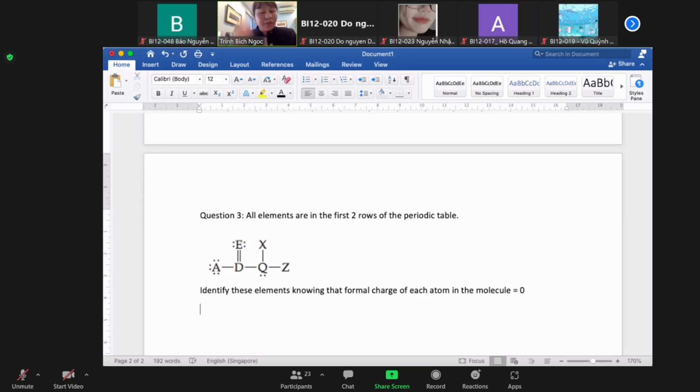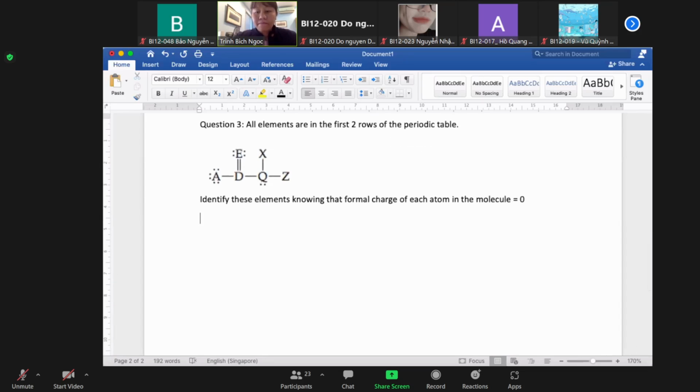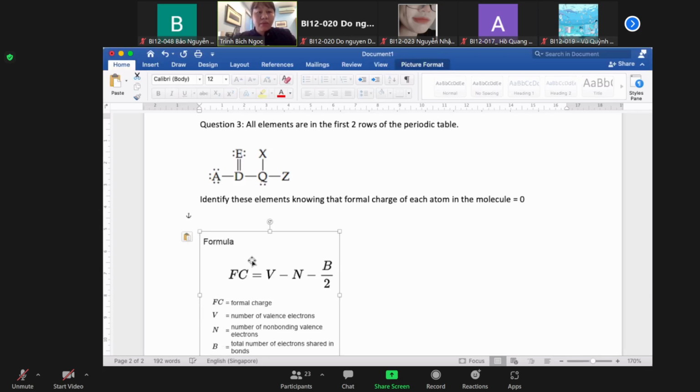So I remind you the formula for the formal charge of each atom.